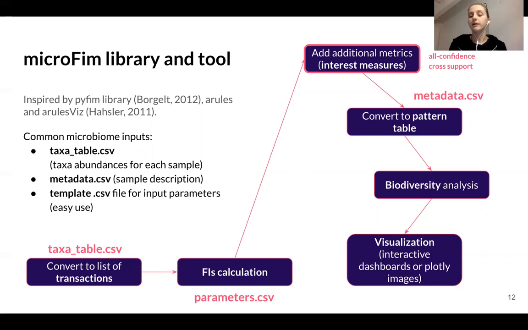Then we have the additional metrics, and also the inclusion of metadata with the conversion to a pattern table. So we don't have an OTU table, but a pattern table with the presence or absence of each pattern in our samples. And then we can reach a biodiversity analysis and a visualization with an interactive dashboard.